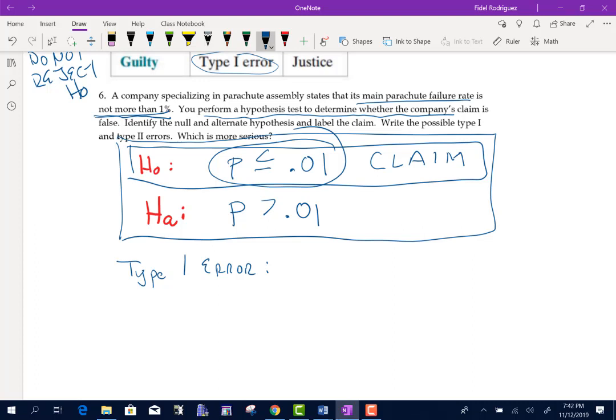And so all that means is maybe he stops going skydiving. Does that make sense? Because even though the parachutes are pretty safe, he doesn't believe it, they reject it, even though it is true. So the type 1 error would be, we're going to reject the claim even though it's true.